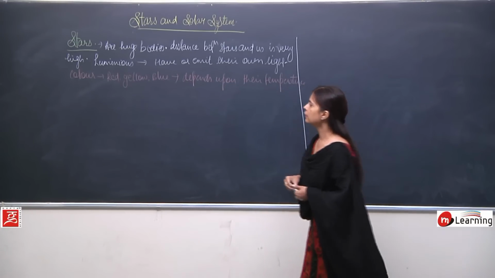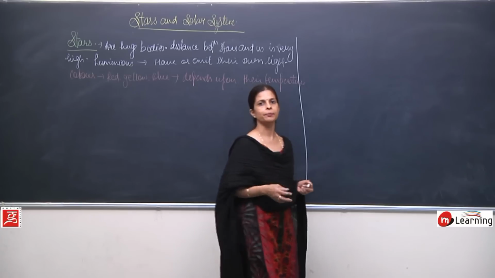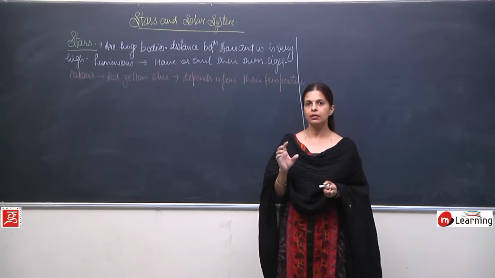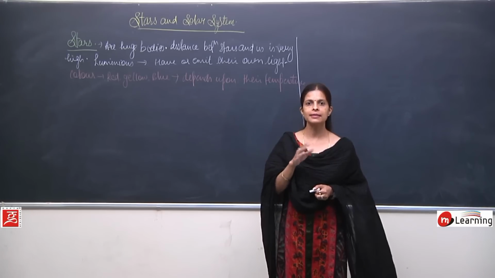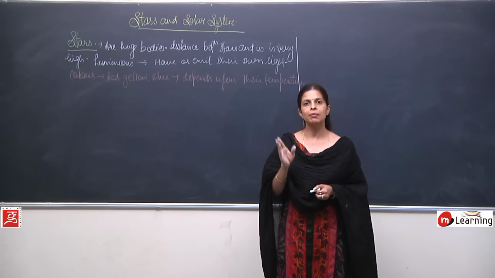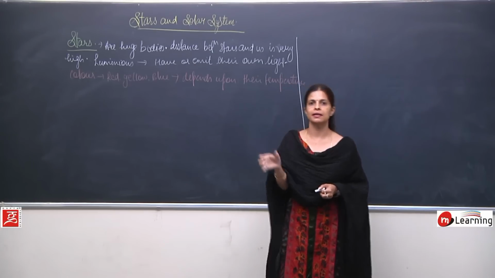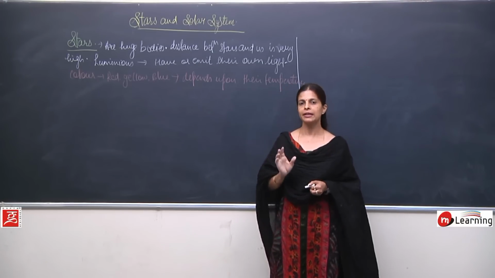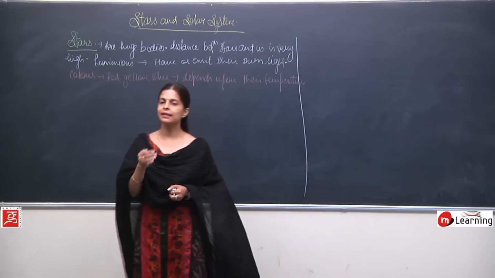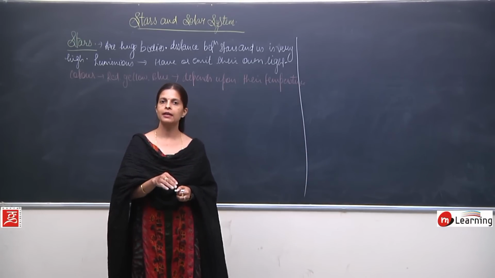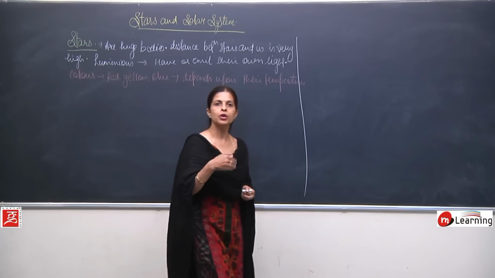Now, when we look at the stars, we feel that they are moving. If we focus on any star, we'll find that these stars are moving, but these stars are fixed with respect to the other stars. Are you getting my point? Actually, what is happening when we move in a train? We are sitting inside the train, and when our train starts moving, what do we feel?